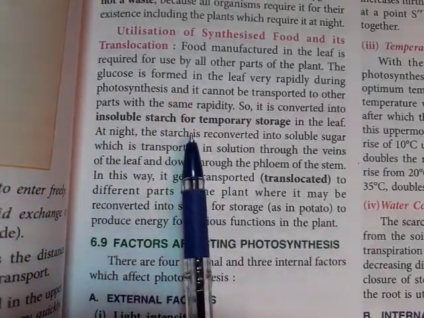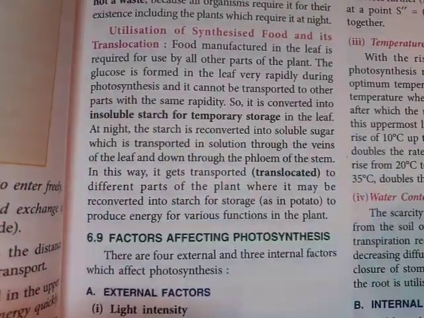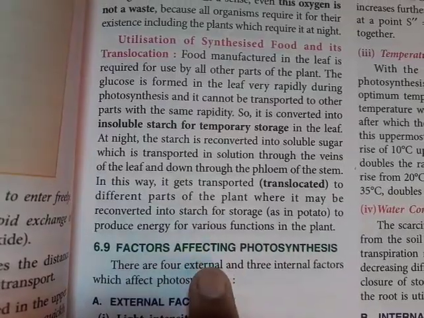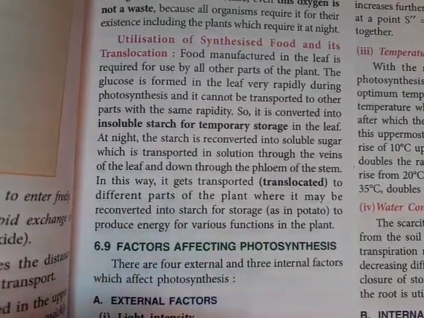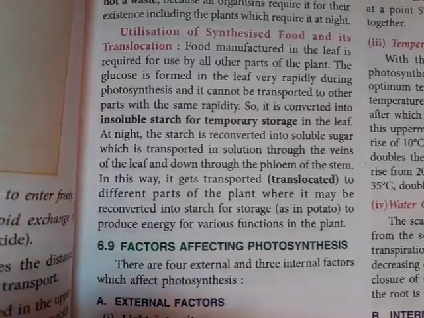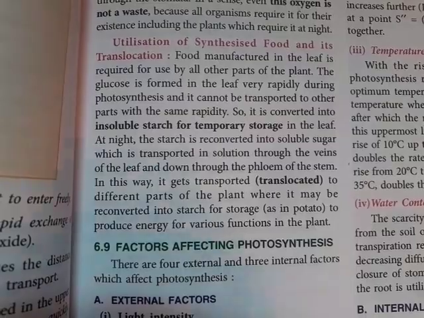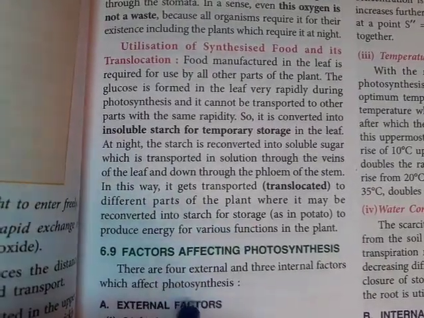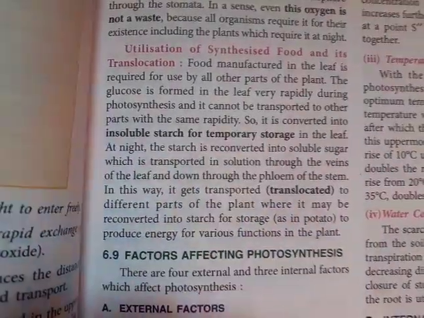So what did we say? First of all, when the glucose is formed, it is stored in the form of insoluble starch. At night, this starch is converted into soluble sugar and then transported to different parts of the plant. When it is transported to different parts of the plant, again it is stored in the form of starch, and whenever it is used for energy functions, it produces energy for the various functions in the plant.